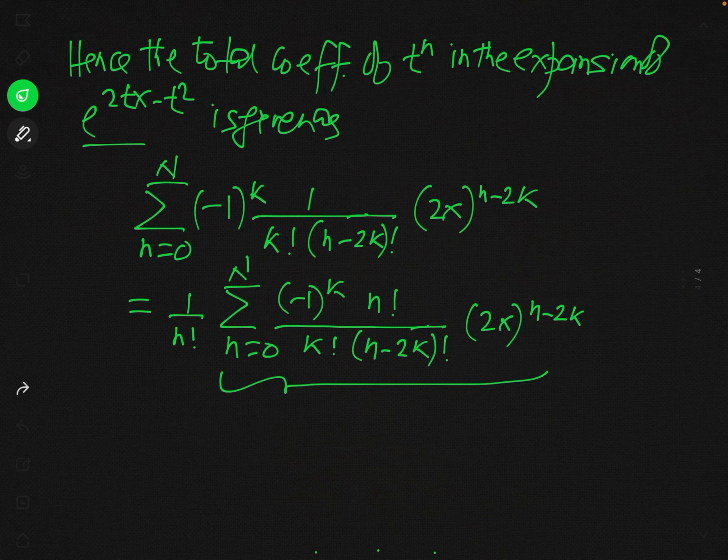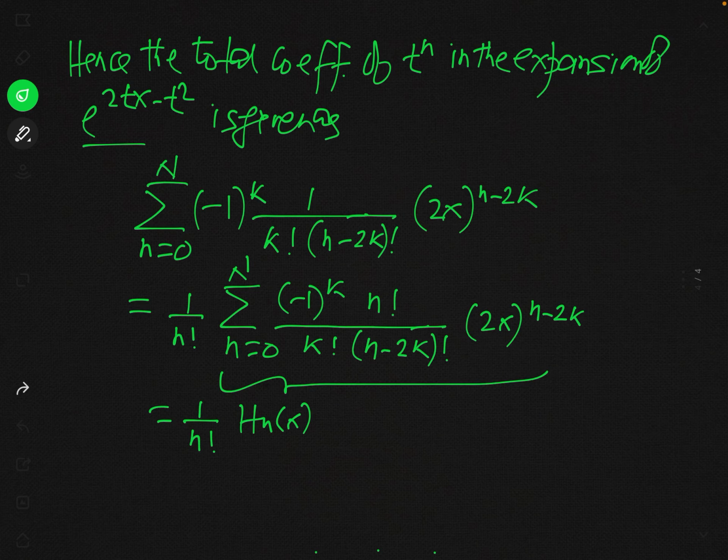And this expression which I have underlined here is just the Hermite polynomial of order n, and we denote it by the symbol Hn of x. So this is simply 1 over n factorial Hn of x.